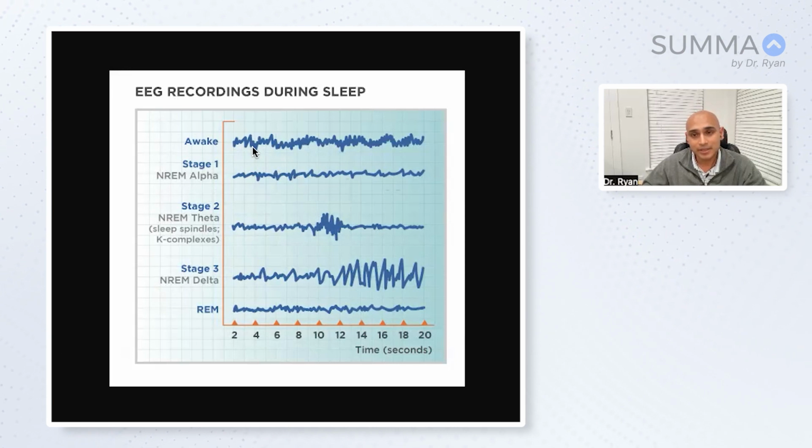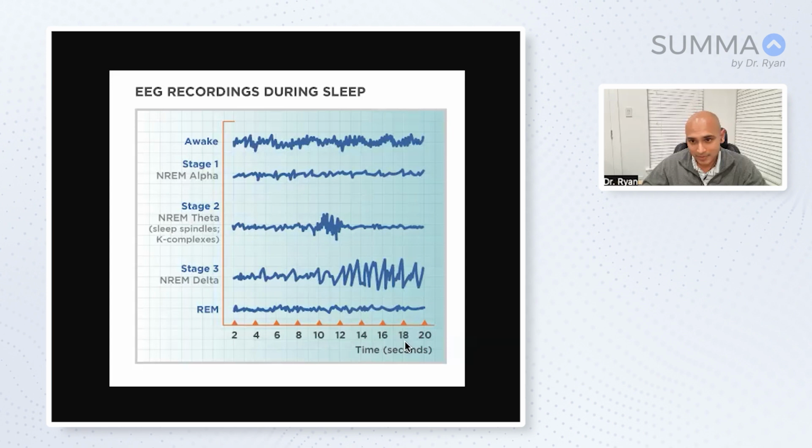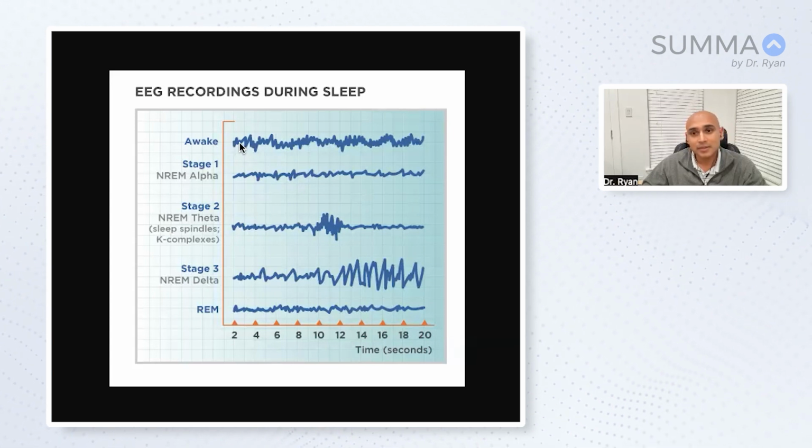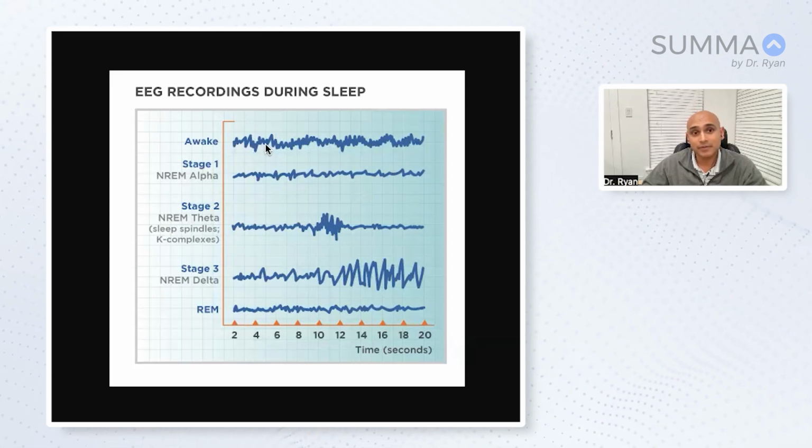So when you're awake, you have a beta frequency, which, as you can see, this time period is actually inaccurate, but it's usually greater than 15 oscillations across the baseline per second. Whereas when you're in alpha, that's between 8 and 14. And in theta, it is 4 to 7.